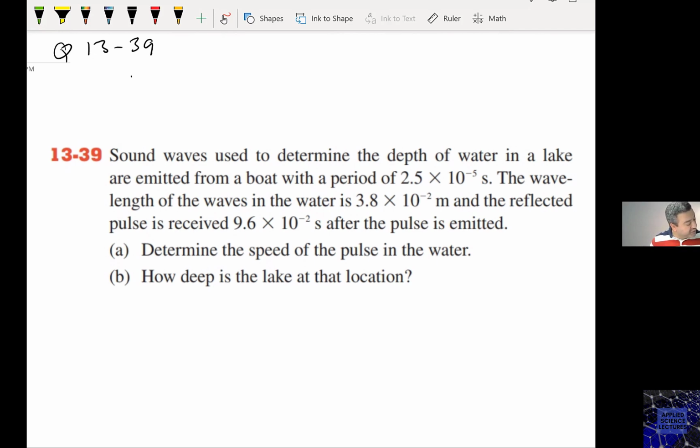The wavelength of the waves in the water is 3.8 times 10 to the power minus 2 meter, and the reflected pulse is received 9.6 times 10 to the power minus 2 seconds after the pulse is emitted. A. Determine the speed of the pulse in the water. B. How deep is the lake at that location?